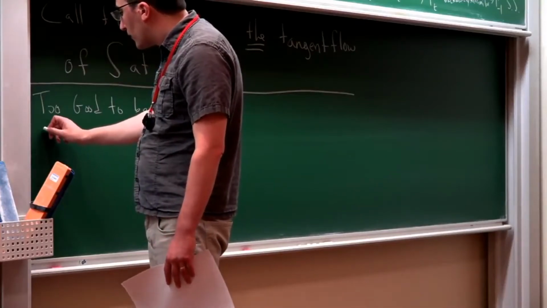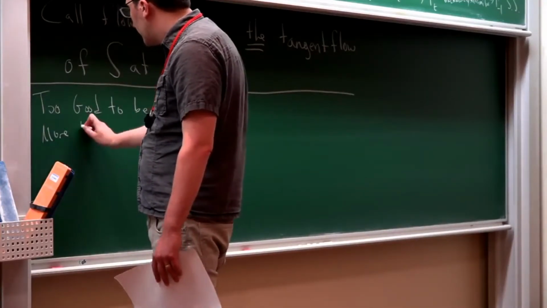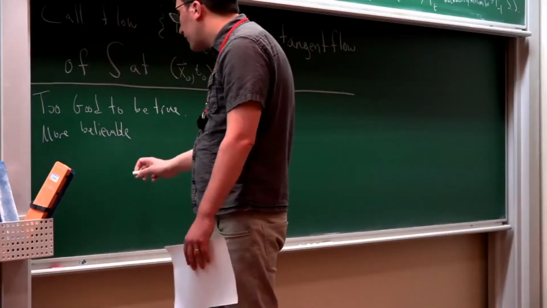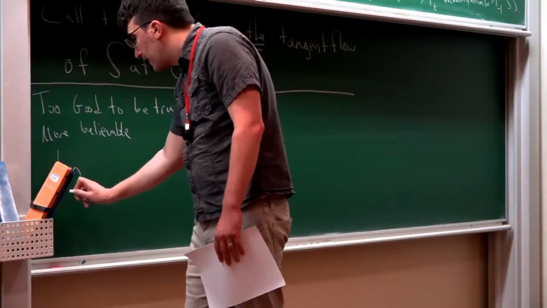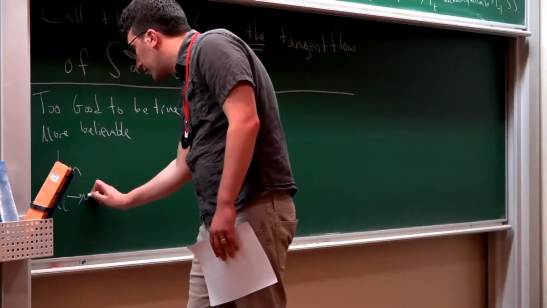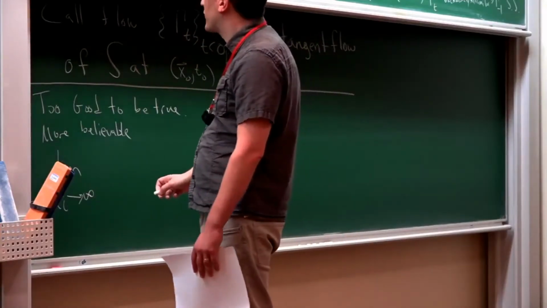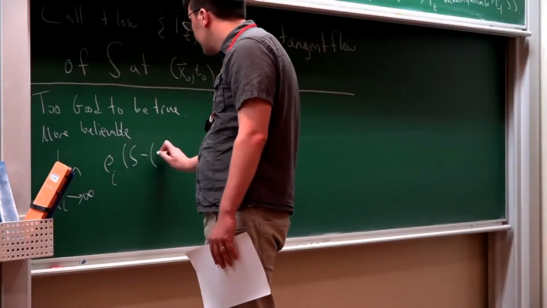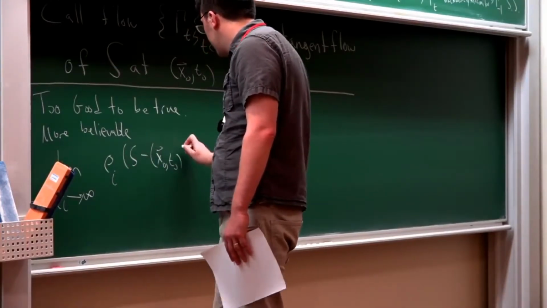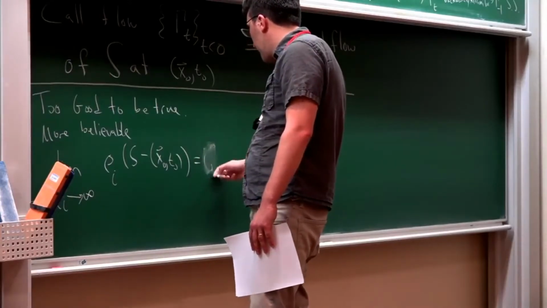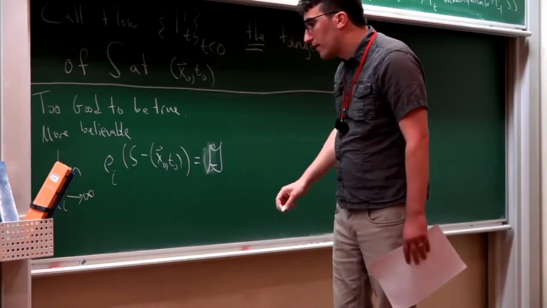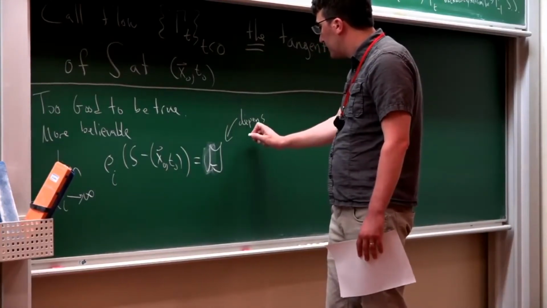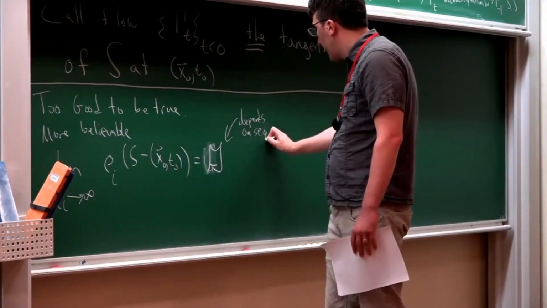So what's more believable is that you can take a sequence going to infinity, and then in this case, the limit of the sequence of rho i now depends on the sequence.